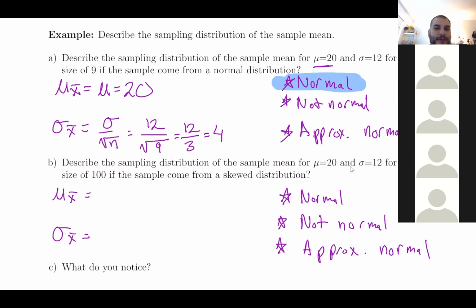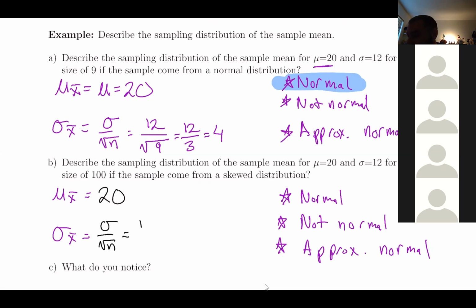So what's my mu of x bar in this problem? What would it be equal to? 20. Yeah, 20. So let's put 20. All right, so let's do sigma of x bar. Sigma of x bar would equal sigma divided by square root of n.